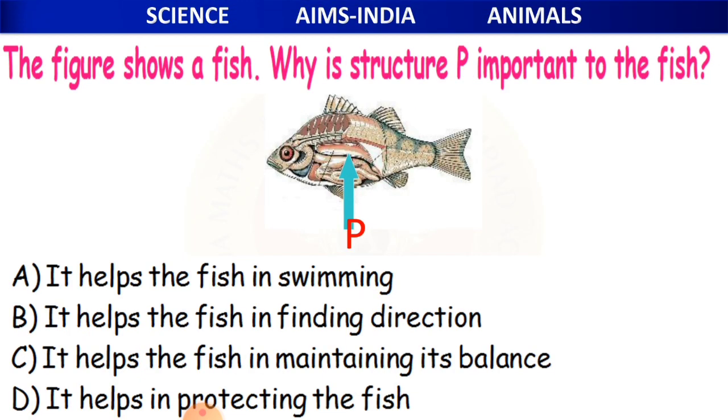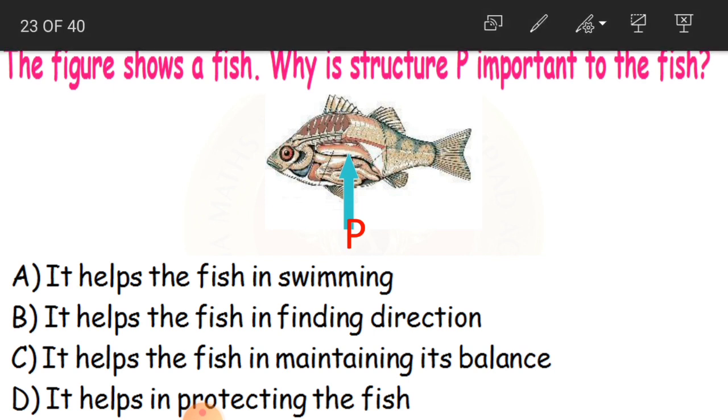Now, the figure shows a fish. Why is structure P important to the fish? Okay, children. So here you are seeing this particular body part labeled as P. Why is this important to fish?